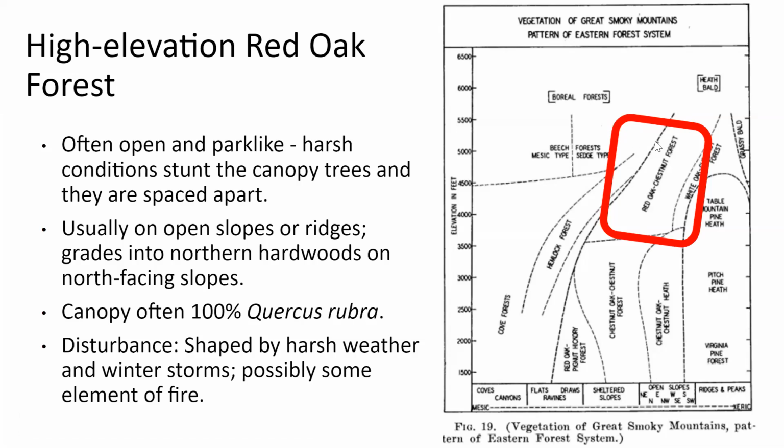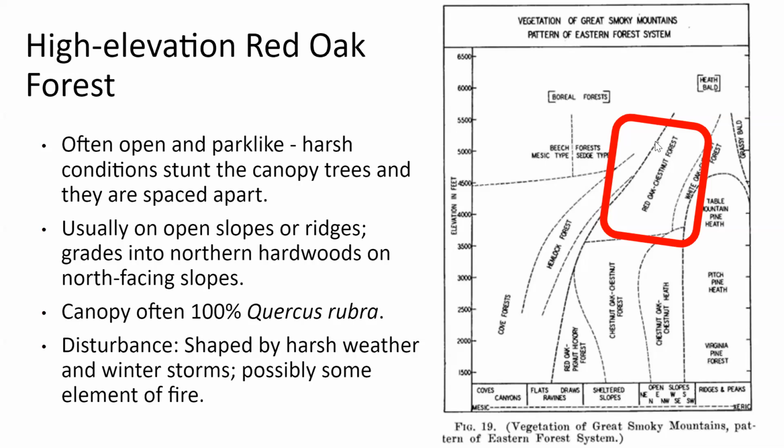If you looked at the canopy trees, I love doing this exercise where I have people identify the 10 largest trees in their immediate vicinity. And so you can go from a protected site where you've got beech, birch, buckeye, sugar maple, and also northern red oak, and then go out on a more exposed open slope, and suddenly 10 out of 10 trees are northern hardwood, or 10 out of 10 trees are Quercus rubra. That's your transition, or the ecotone transition between two community types.